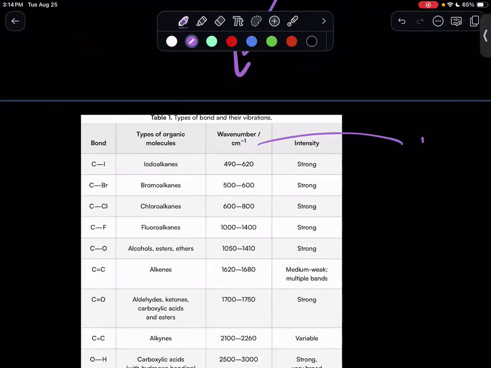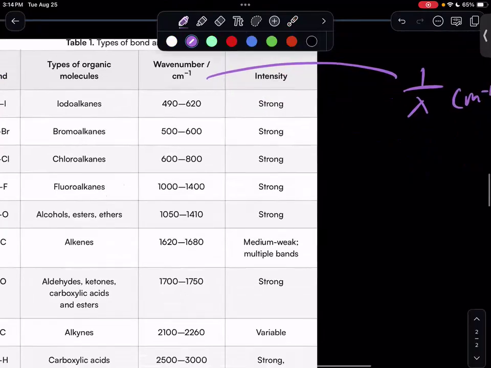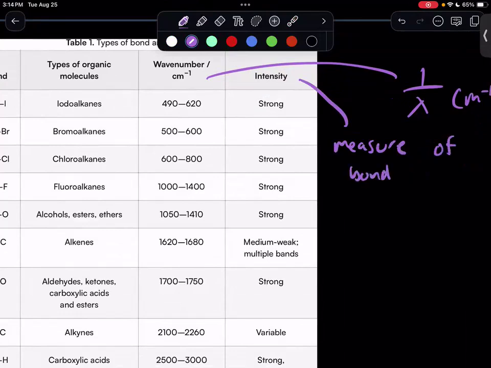Wave number is just 1 over the wavelength of infrared. It's in centimeters inverse, as you can see there. That's what we measure on our x-axis of these spectra that we produce. We also have intensity. Intensity is a measure of bond polarity.